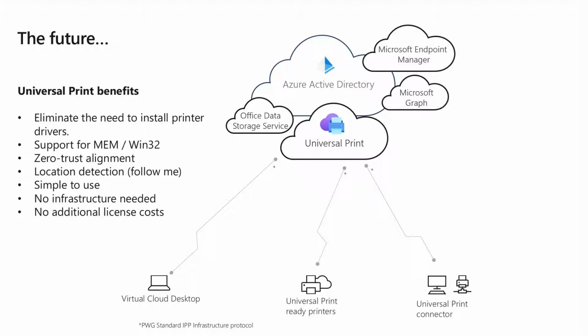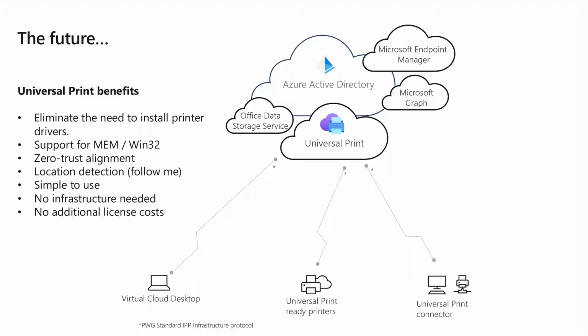Everything is possible to use with the Microsoft Graph APIs. So you can leverage your own solution on top of that, or a partner solution, for managing and maintaining your printers from an API-separate control plane perspective, for example.